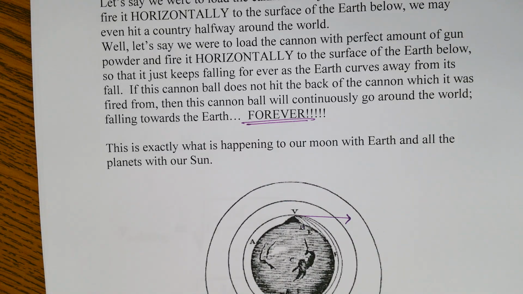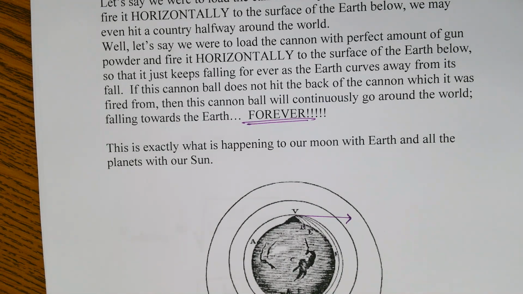That same attractive force that makes the apple fall to the Earth is what's causing the moon to fall towards the Earth, and as Earth curves away from the fall of the moon, it just keeps falling. The moon just keeps falling and falling forever. And that's how the moon goes around.